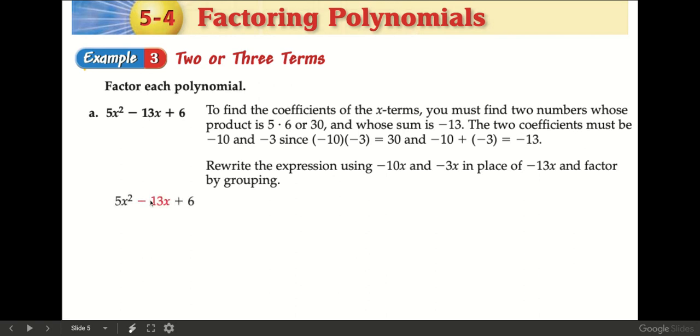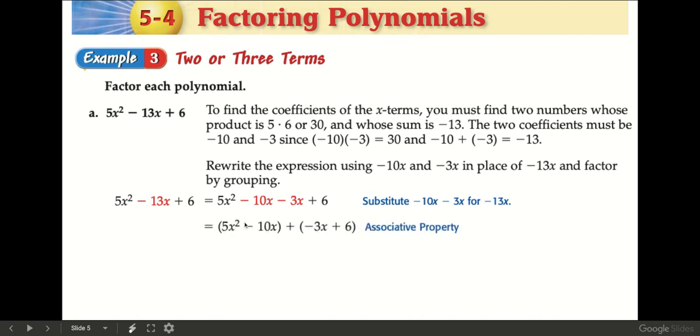Okay, so again, I'm going to take this middle term and split it up into negative 10x and negative 3x, right? So now this is equivalent to this one, but now if you notice, since I split up those middle terms, now I have 4 terms, and you might ask, why is that important? Well, because now I can use grouping again. I can group the first 2, and then I can group the second 2 and use factoring by grouping like I did in the last one.